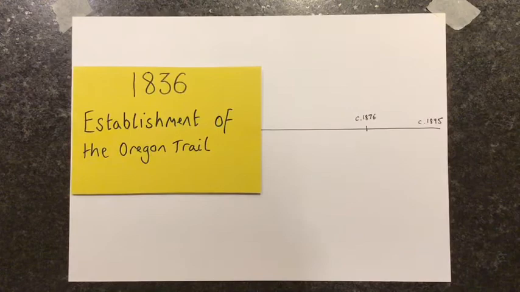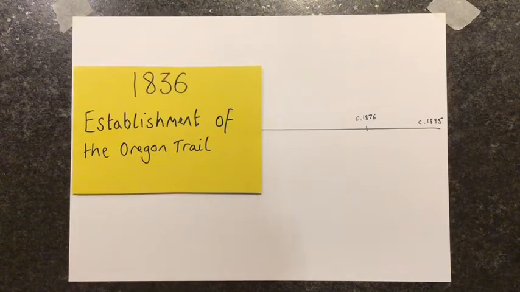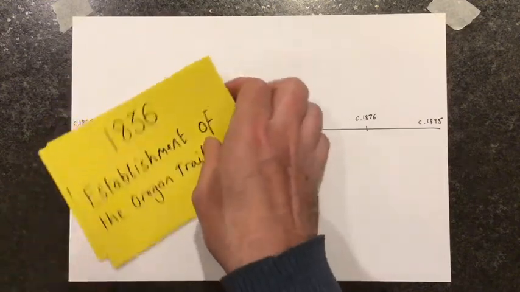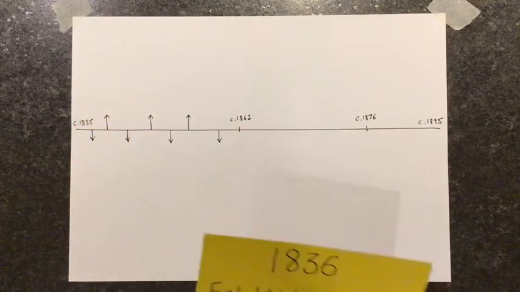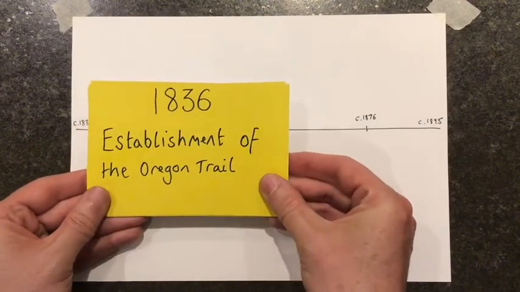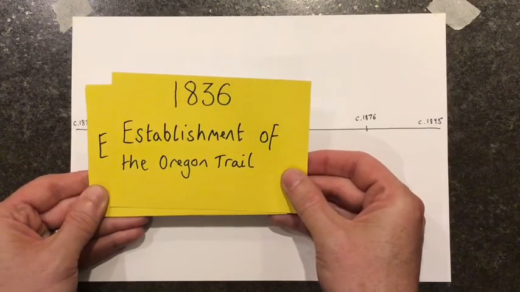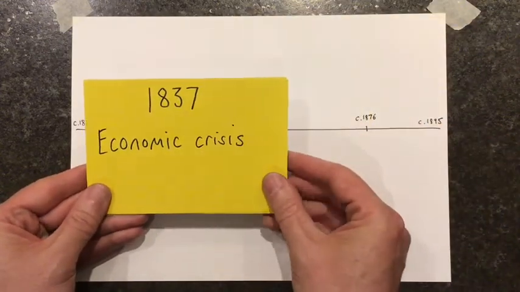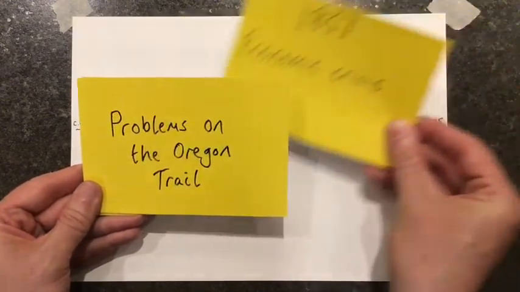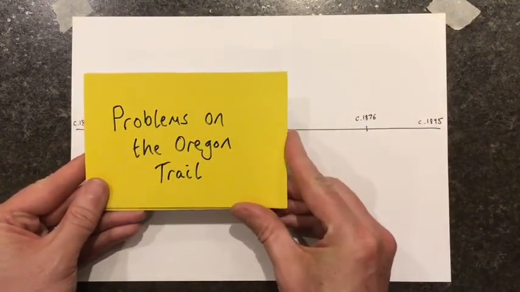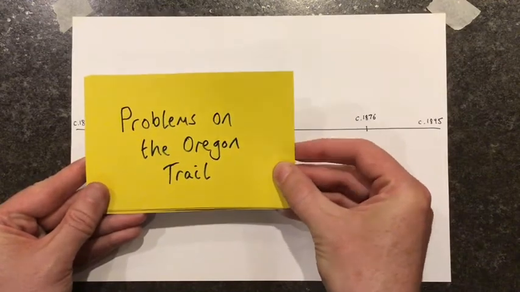So the next challenge is to try and place the 7 revision cards into that first period of time from circa 1835 to circa 1862. I've got those revision cards just in front of me, and I'll go through them with you. If you were revising, you could use the video and check your own knowledge of them. So we've got the establishment of the Oregon Trail, the 1837 economic crisis, a card without a date, but it describes the problems on the Oregon Trail.